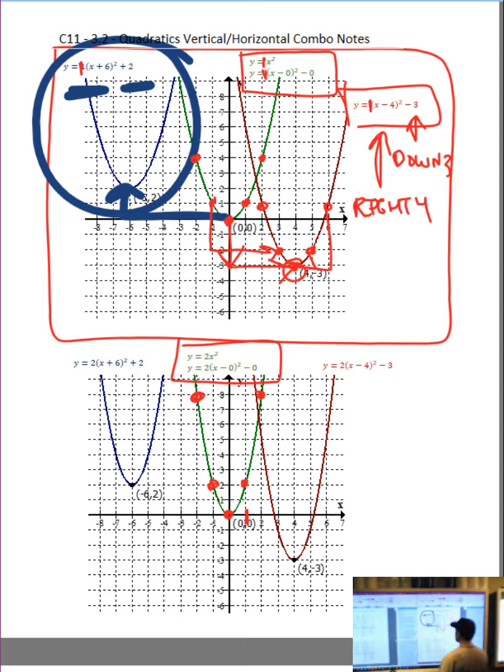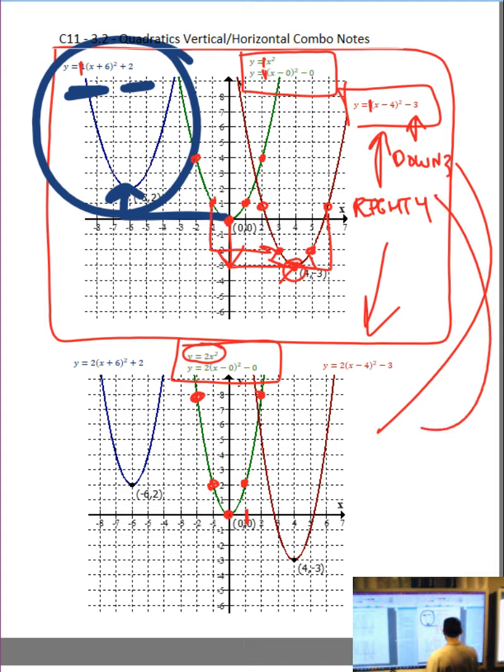And that's because we have a 2 in front, y equals 2x squared. So what if we had the same version from above in red, down 3 and right 4, down 3, the negative 3, right 4, the negative 2? Well, then we're just going to take the 2x squared shape and move it down 3 and right 4.